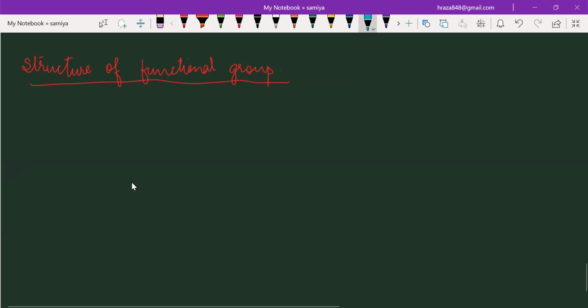We just took an example of alcohol, that is methanol, and methanol has a structure like this: hydrogen, hydrogen, and hydrogen. And oxygen has two lone pairs. That's why there will be repulsion, and the angle between these two will be 108.9 degrees.